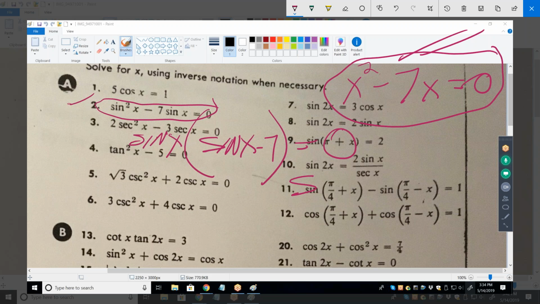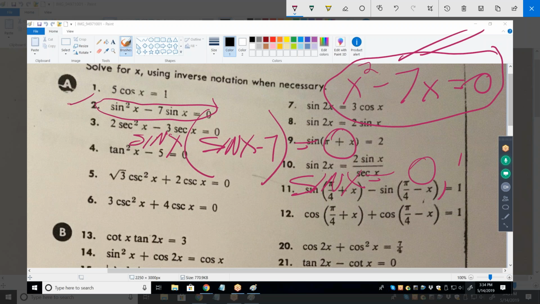So sine of x equals 0. Where does that occur? Sine of x is 0 at 0 and 180, absolutely.